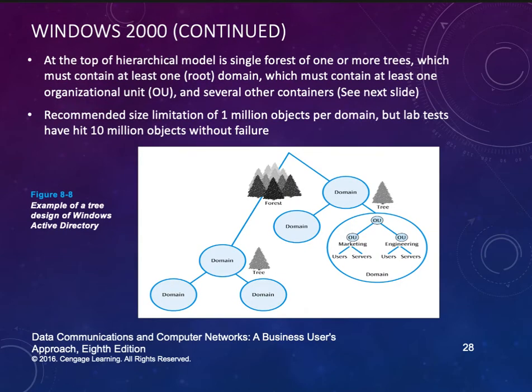Let's say at the top of the hierarchy, a single forest, okay, and that's the root, and below we have the different domains and multiple domains. Limitation: 1 million objects. That could be configured.